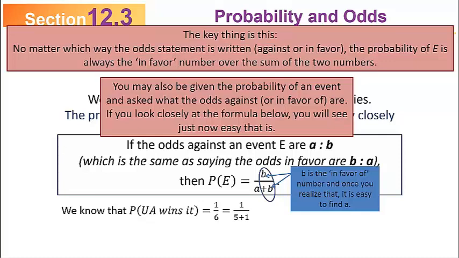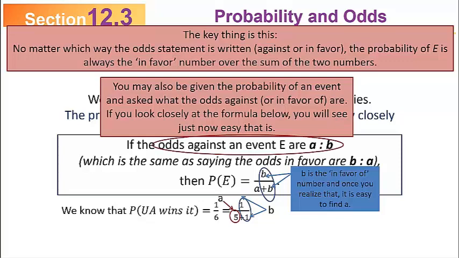Well, once you do that, you can see that B is 1 and A is 5. B is the number up top, which also appears down bottom. The other number is A, so A is 5.